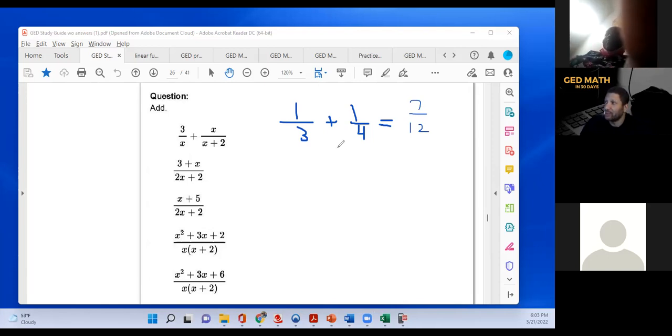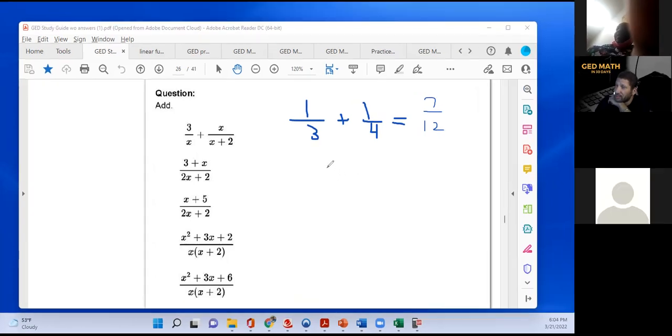4 times 1, which is 4. And 3 times 1, which is 3. So you add 3 and 4. And then the bottom you do 3 times 4, which is 12.